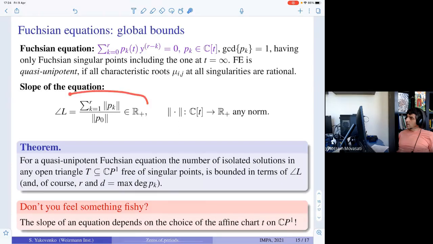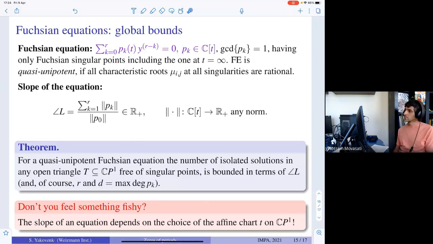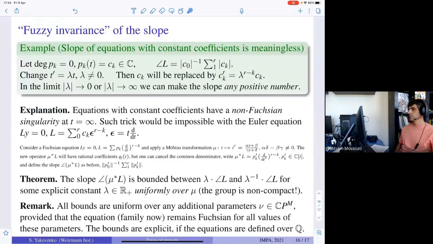Why? Look at this notion of slope. This notion is not invariant with respect to changes of the independent variable. Just suppose that we return to the case of equations with constant coefficients. So my polynomials are constants, and the slope is what we already had written: the sum of non-leading coefficients relative to the leading coefficient. Suppose we made a linear change of time.